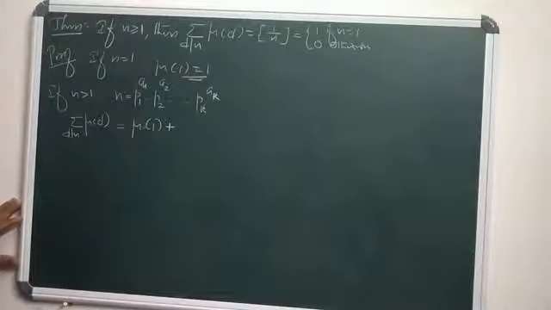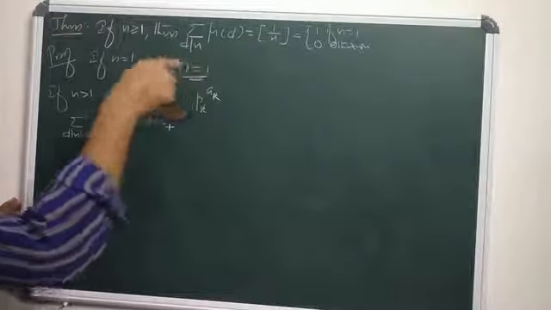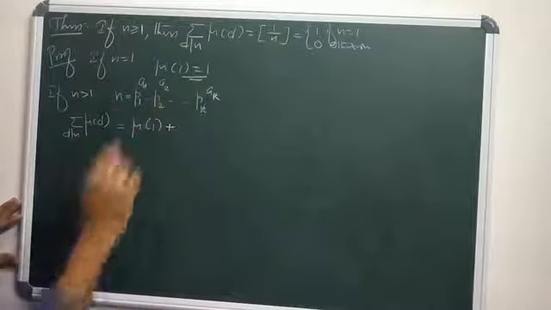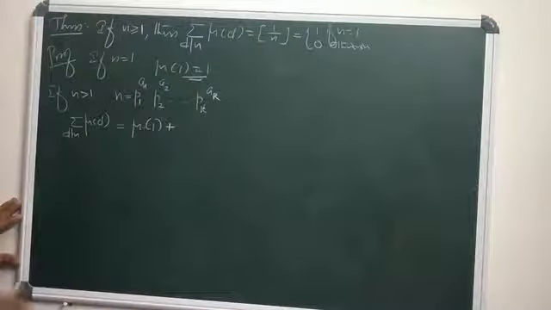Now, when n is a product of distinct primes, when d equals p1, it is mu of p1. When d equals p2, it is mu of p2.